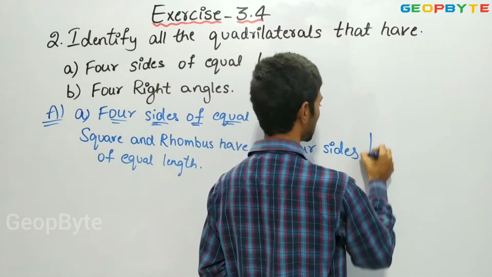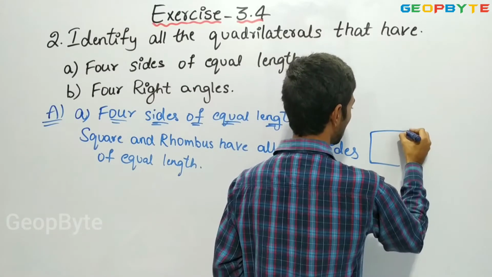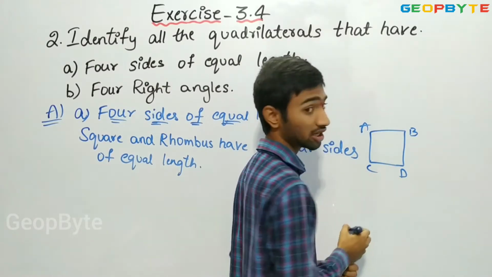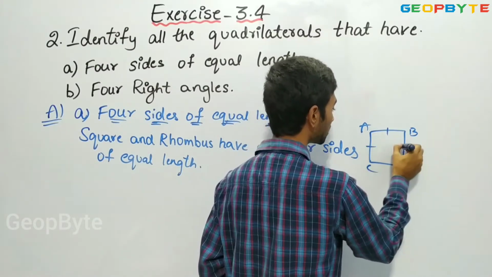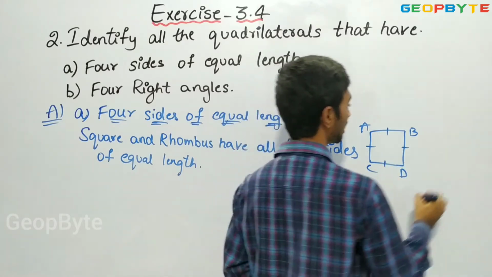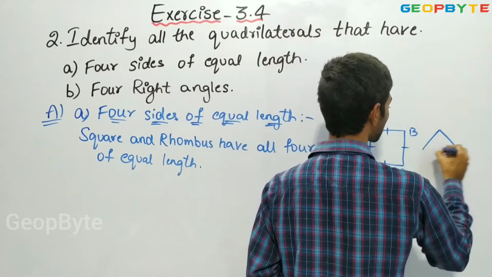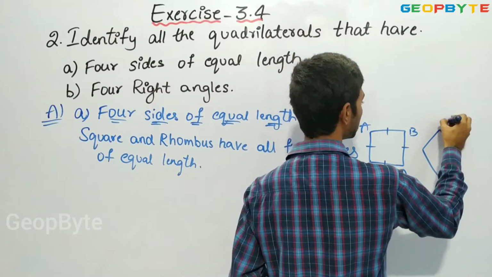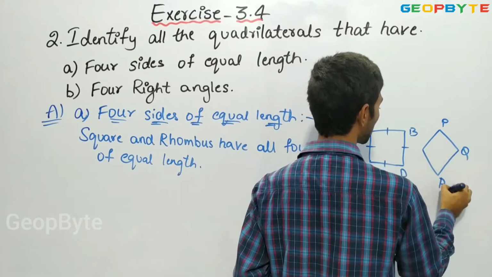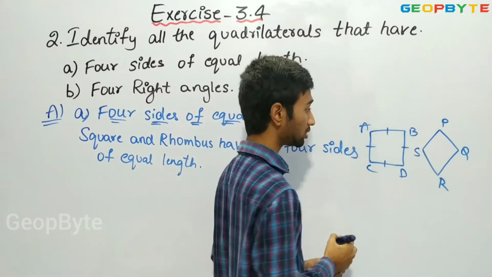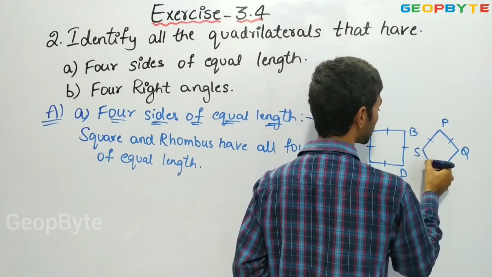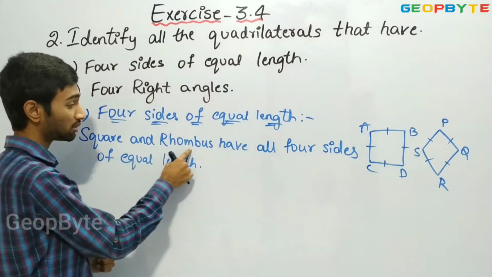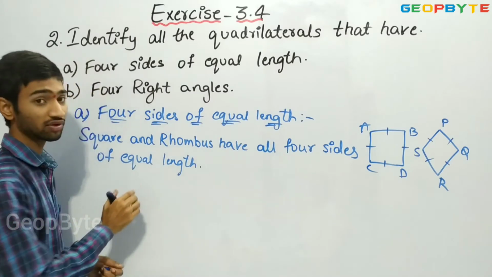That is, let this be a square ABCD. We know that in square all sides are equal to each other, and let this be a rhombus PQRS. So in rhombus also we have all sides of equal length. So that's the reason square and rhombus have all 4 sides of equal length.